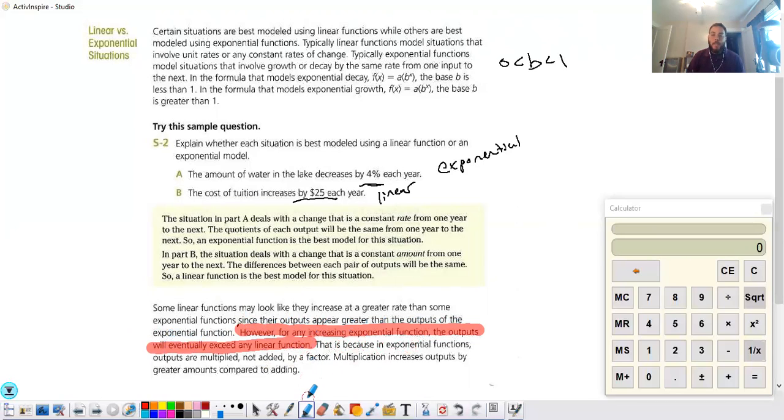And that is because in exponential functions, outputs are multiplied, not added, by a factor, and multiplication increases outputs by a greater amount compared to adding.